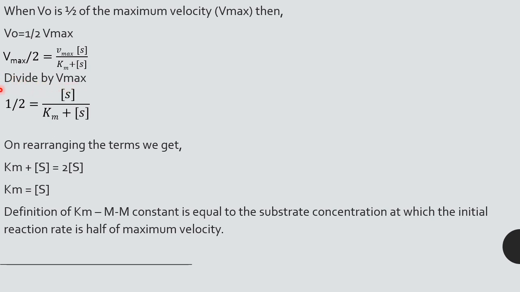Vmax gets cancelled and we get 1 upon 2 is equal to substrate concentration upon Km plus substrate concentration. On rearranging the terms, we get Km plus substrate concentration is equal to 2 into substrate concentration. Therefore, Km is equal to substrate concentration. Thus, Km, that is the Michaelis-Menten constant, is equal to the substrate concentration at which the initial reaction rate is half maximum.